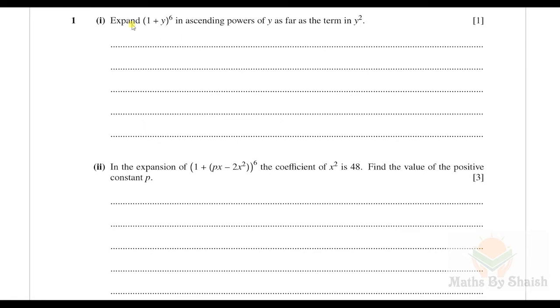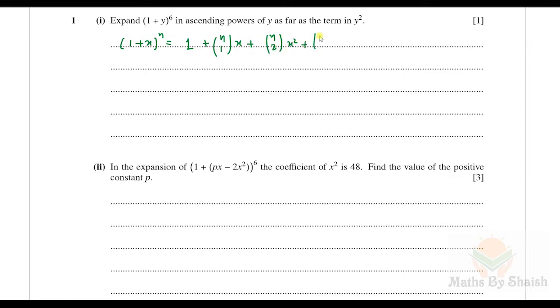Expand 1 plus y raised to the power 6 in ascending powers of y as far as the term in y square. So we need to include till y square. We can see it is 1 plus y to the power 6, and if the first term is 1, then we can directly write it as, like, if I have 1 plus x to the power n, then it is 1 plus nC1 x, then nC2 x square plus, and so on.